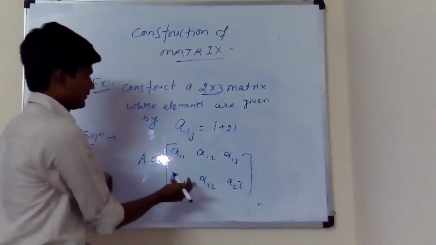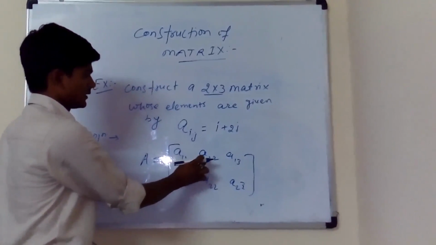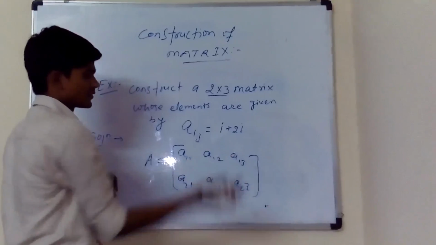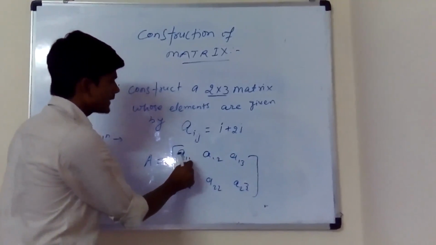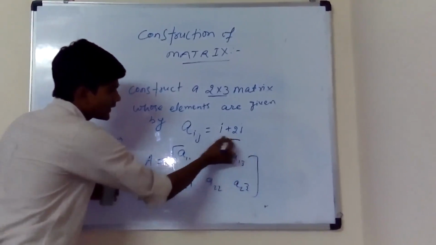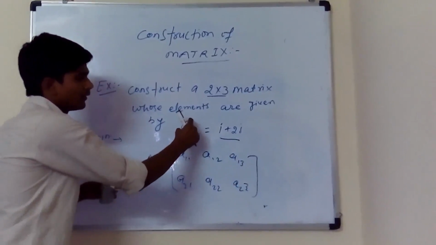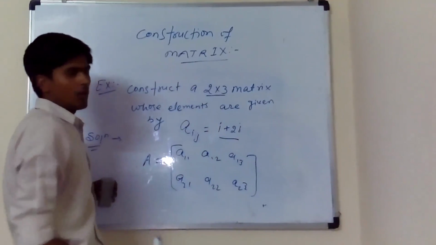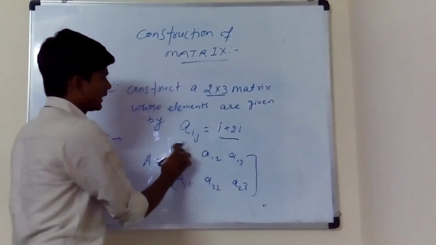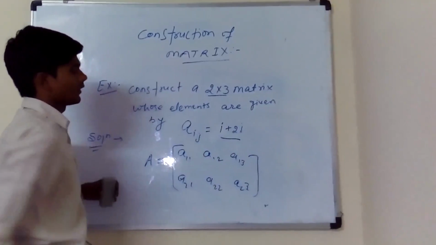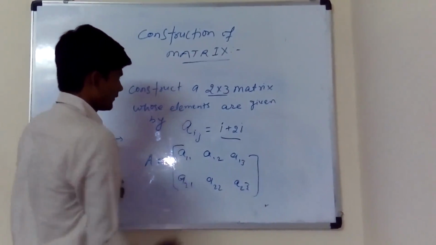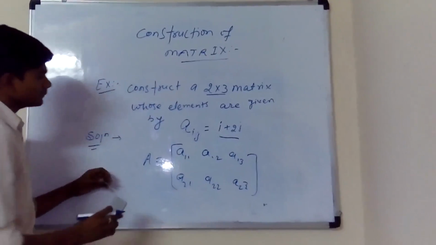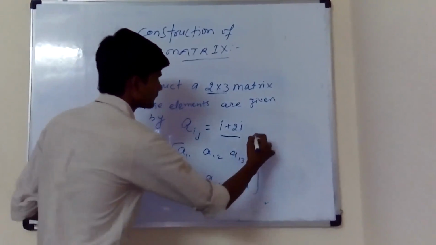This is the value of i and j. Just put the values of i and j in this relation, you get the elements of those particular positions. Okay, so just fill here.